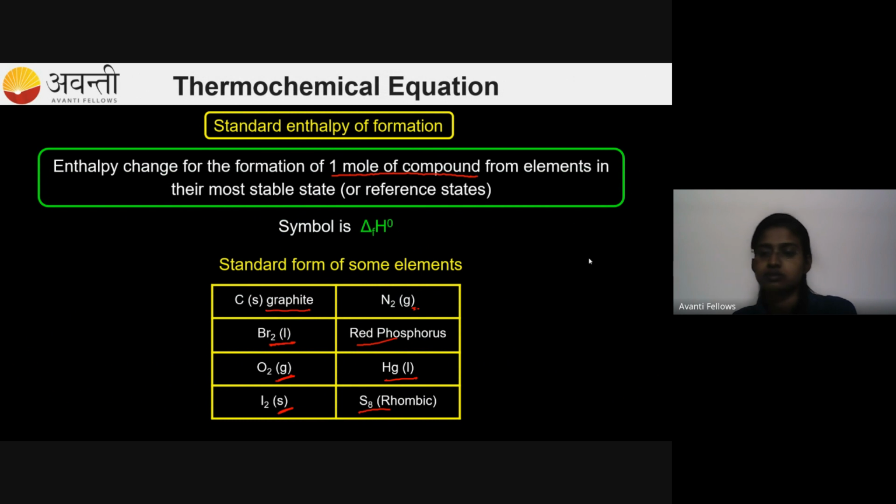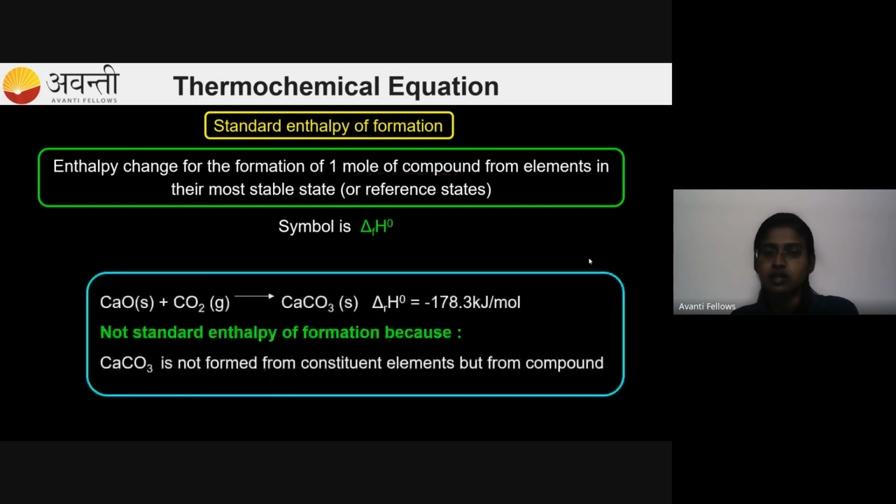Here you see calcium oxide is reacting with carbon dioxide and producing calcium carbonate, and the enthalpy for this reaction is given as minus 178.3 kilojoule per mole. Here, it is not the standard enthalpy of formation, because we have calcium, carbon, and oxygen in calcium carbonate.